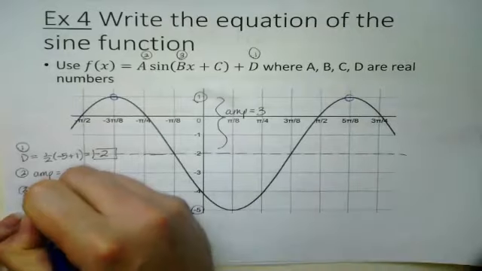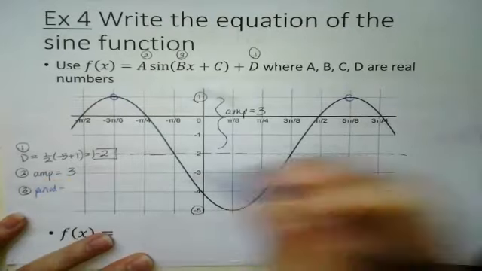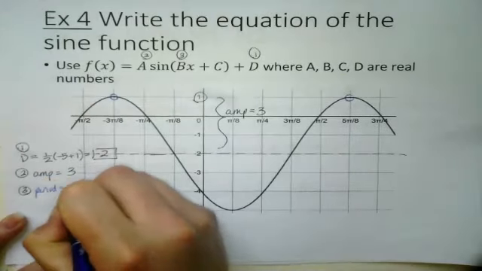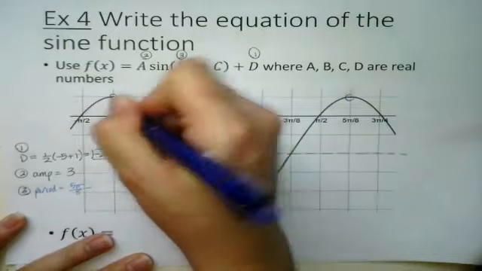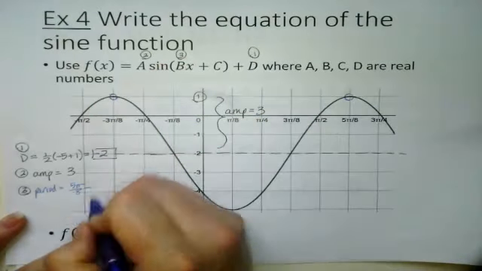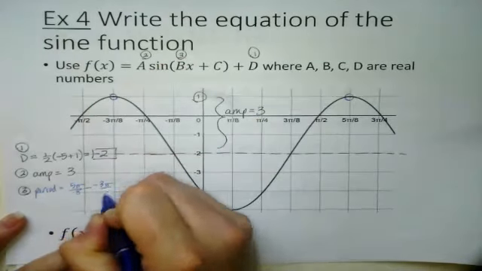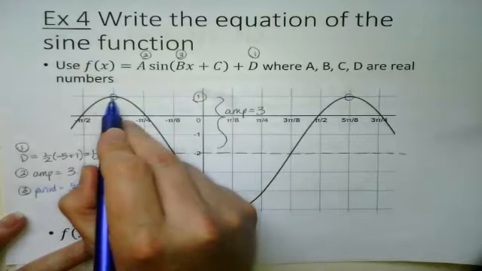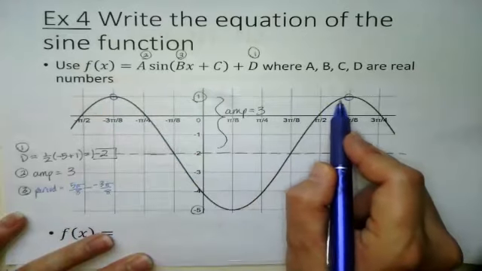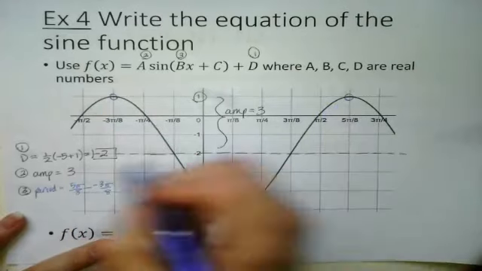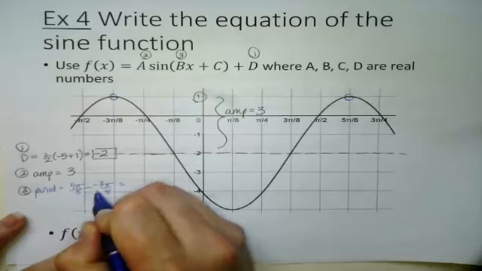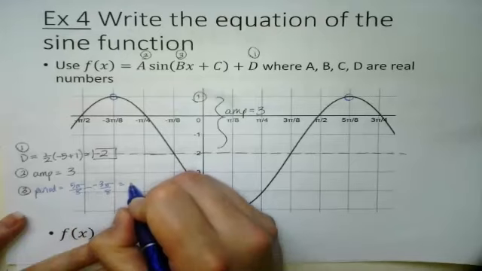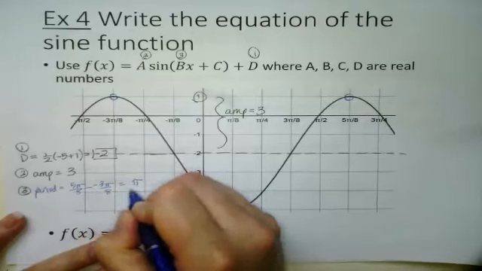So in this case, the period would be the ending, 5 pi over 8, minus our start here, which is at -3 pi over 8. And this isn't the start of the function. It's just going from one repeated value to the next consecutive repeated value. So that's going to be 8 pi's over 8, which is just pi.